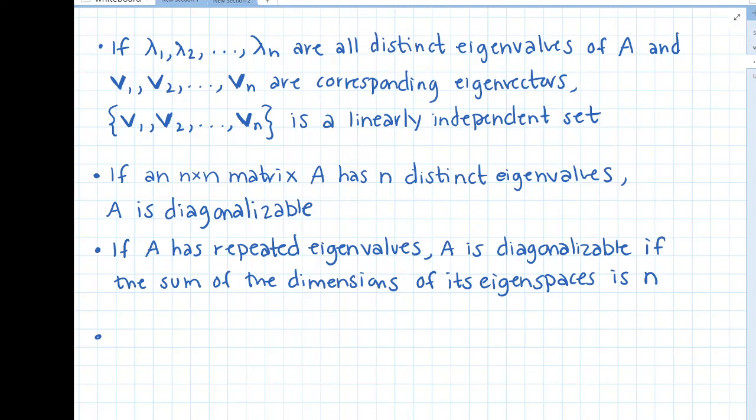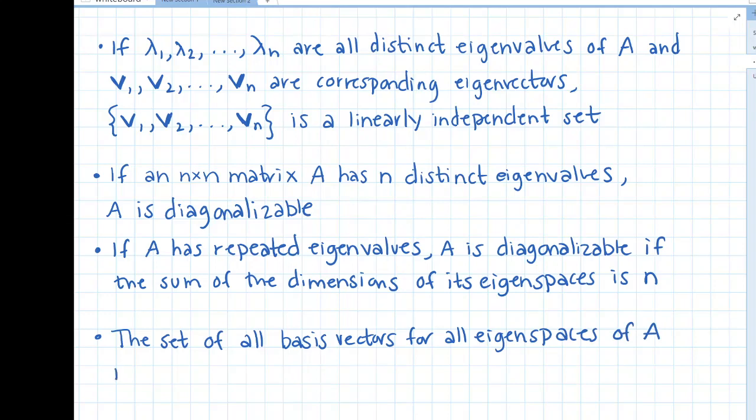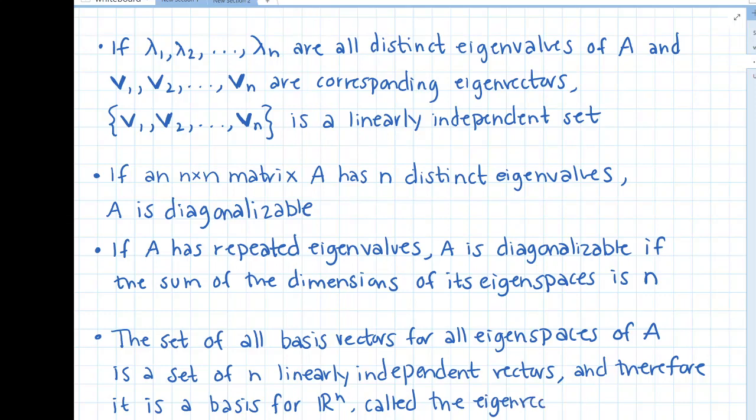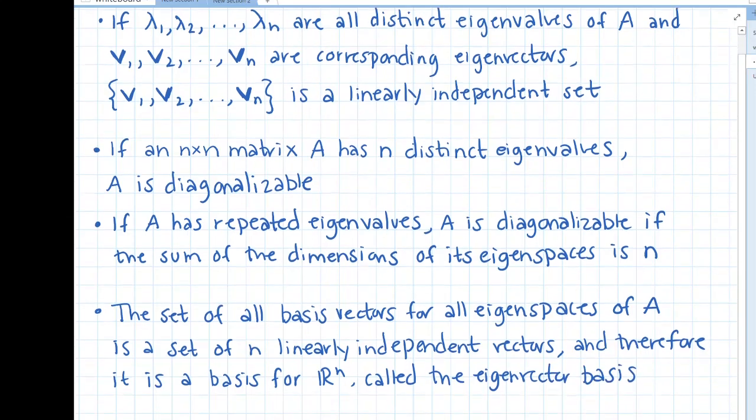So if you take the set of all basis vectors for all eigenspaces of A, it is a set of n linearly independent vectors, and therefore it is a basis for Rn, called the eigenvector basis, or maybe just eigenbasis for Rn.